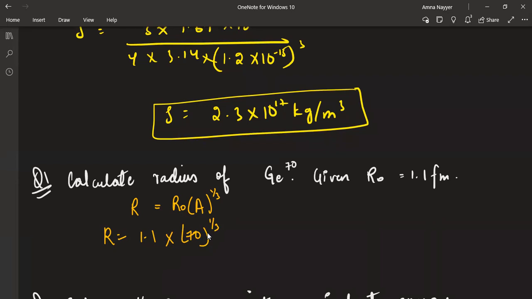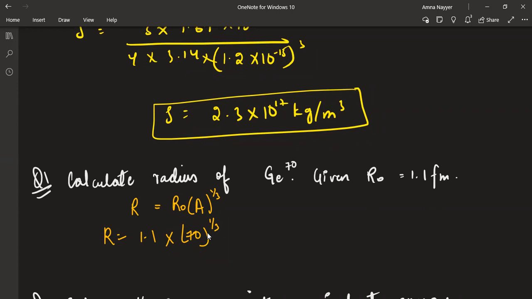So see, around 4, because the cube of 4 is around 64. So it will be around 4.12.